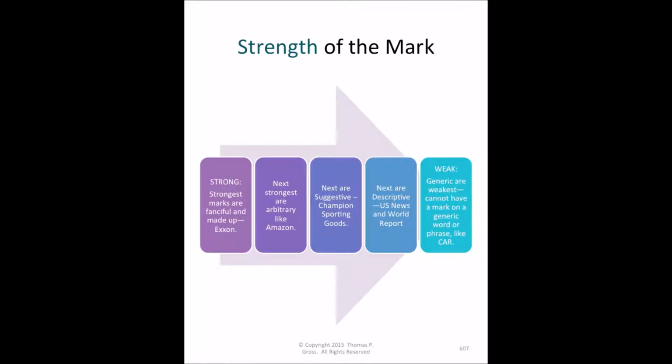So those would be the strongest. The next strongest would be ones that are somewhat arbitrary. So Amazon as a bookstore has nothing to do with the Amazon River in South America, or with Amazon women. They chose Amazon as a word to describe their online, originally a bookstore.